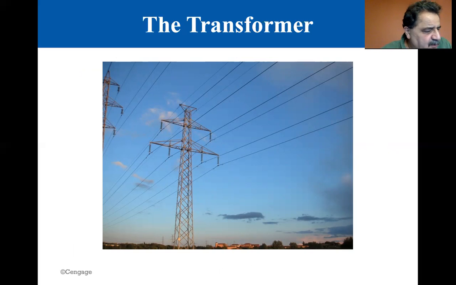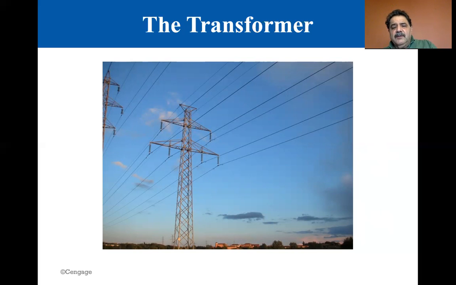The current is very small because remember, power is I squared R. So if you can reduce the current by a factor of 10, you've reduced the power loss by a factor of 100 because of the I squared R. So they step it up to high voltage but low current.